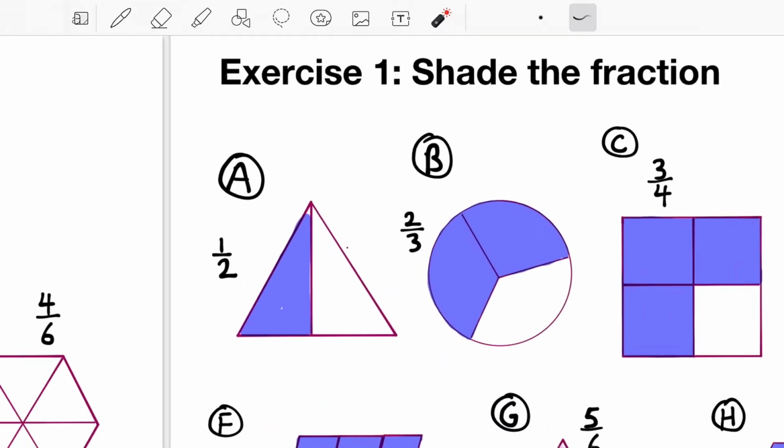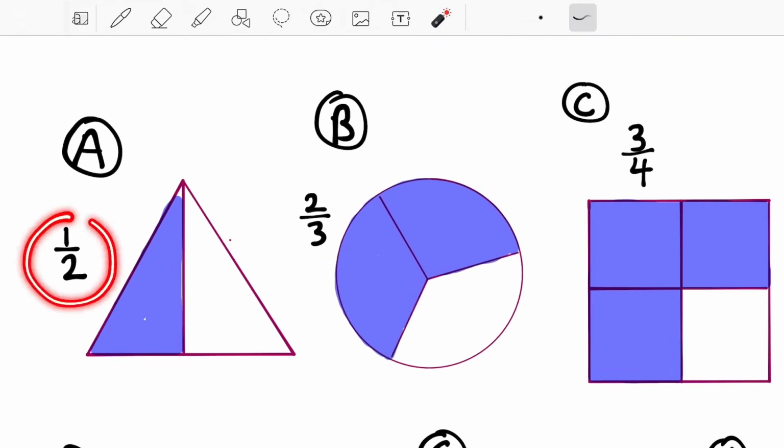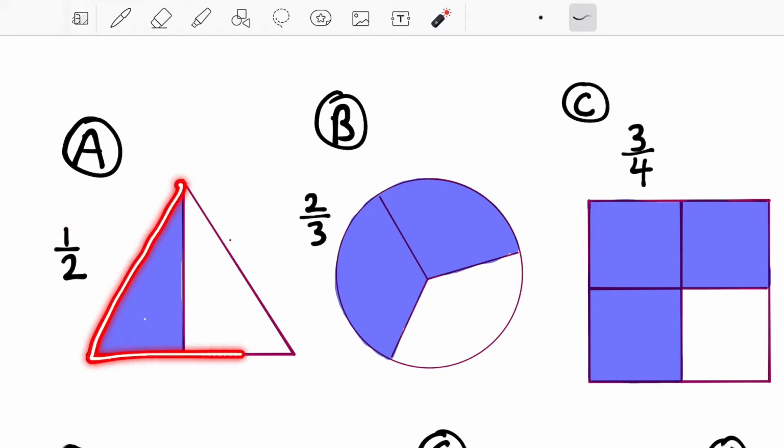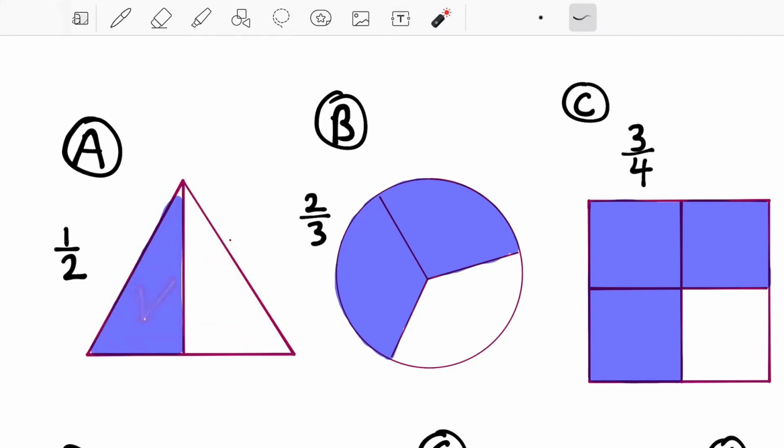Here we have the answers, but let's discuss the answers. Half simply means 1 out of 2 parts. So we have a whole that is divided into 2 equal parts, and we must shade 1 part.